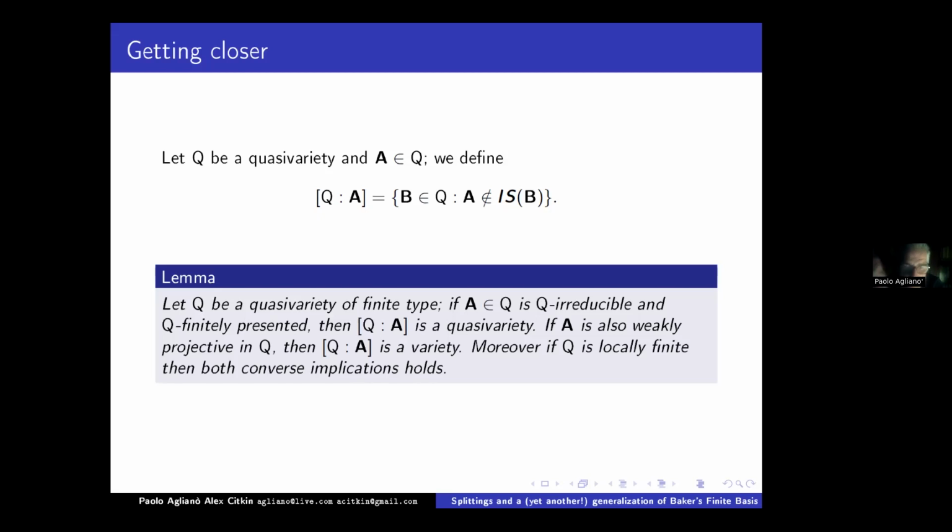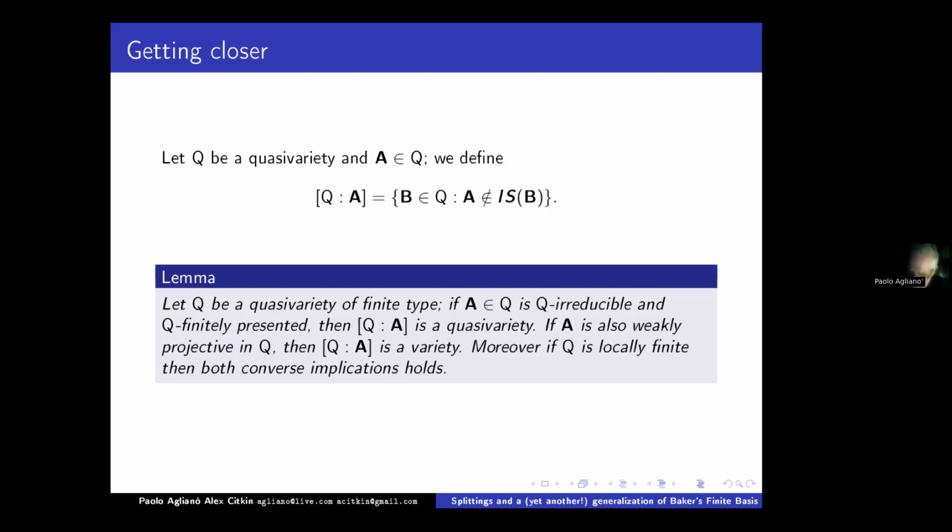If A is also weakly projective, then this class is a variety. Moreover, if Q is locally finite, then both converse implications hold. So we can prove that if Q is locally finite and Q of A is a quasi-variety, then A is Q reducible. And if it is a variety, then A is weakly projective in Q, of course.